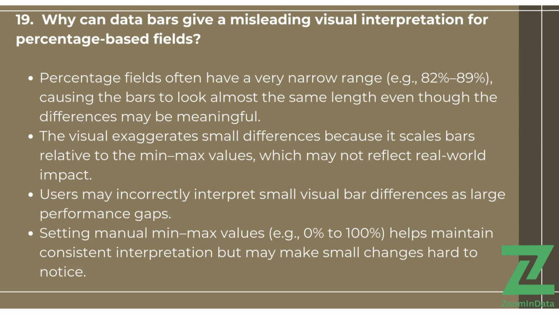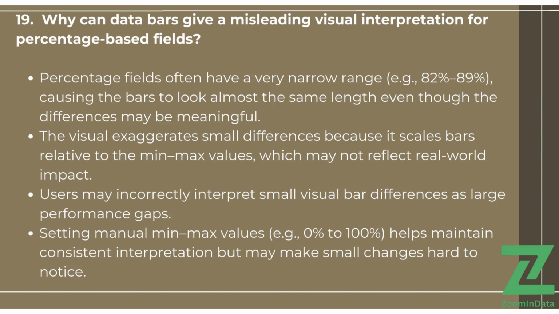19th question. Why can data bars give a misleading visual interpretation for percentage-based fields? Percentage fields often have a very narrow range, example 82 to 89%, causing the bars to look almost the same length even though the differences may be meaningful. The visual exaggerates small differences because it scales bars relative to the min-max values, which may not reflect real-world impact.